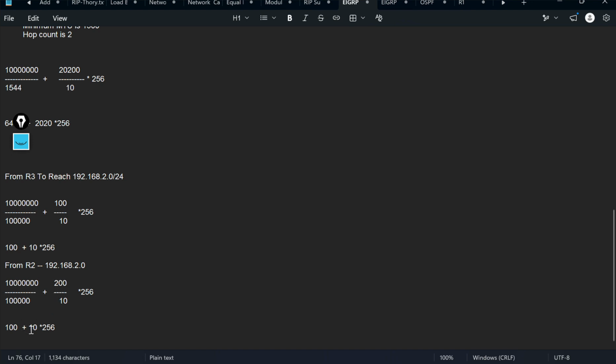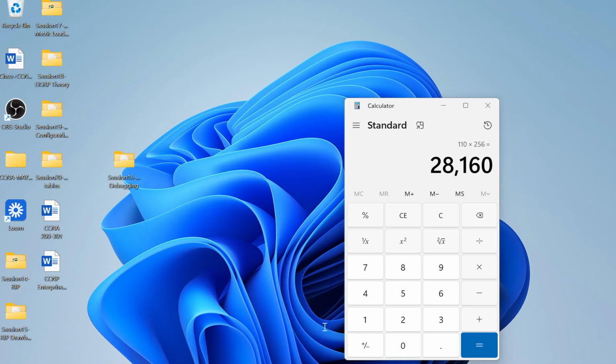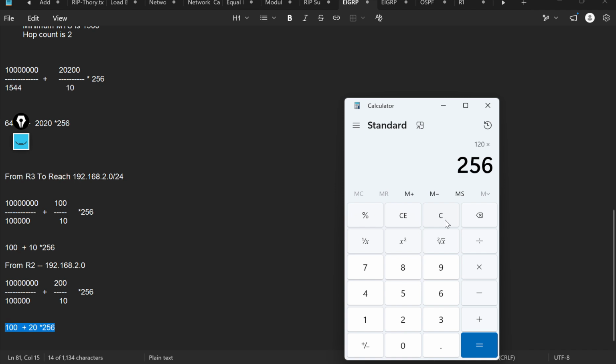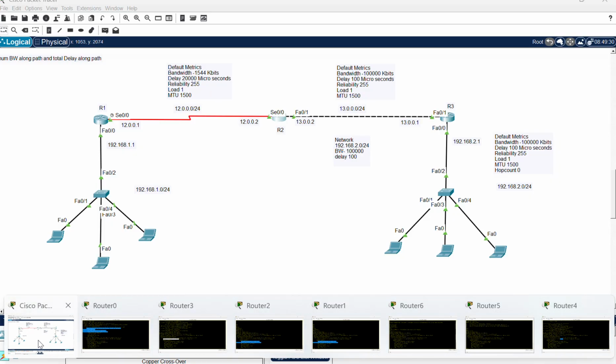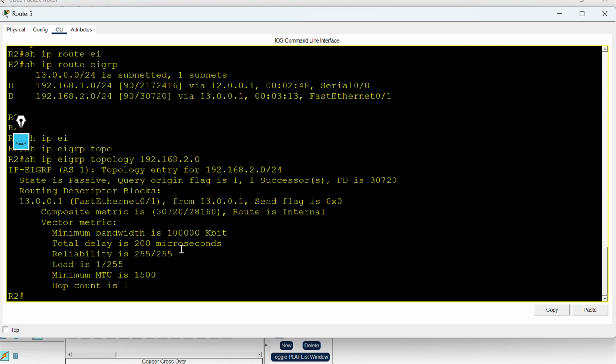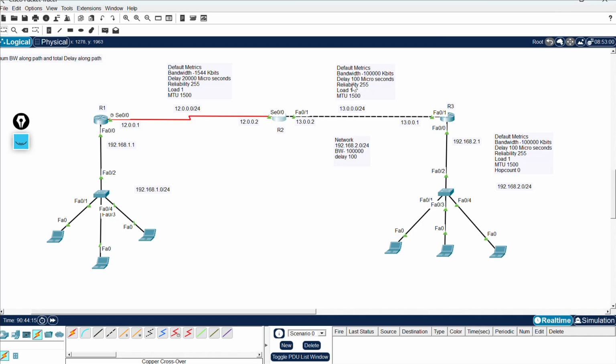Now see, 100 plus 200 divided by 10 is 20, so 120 multiplied by 256 is 30720. See, 30720.